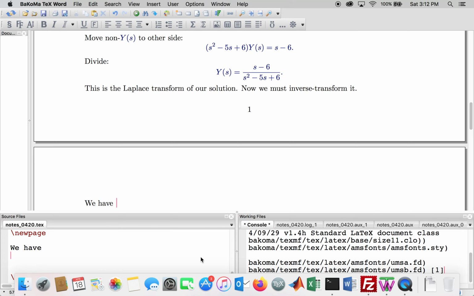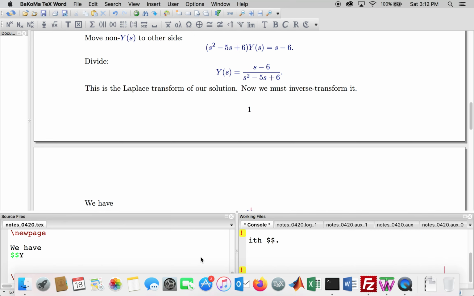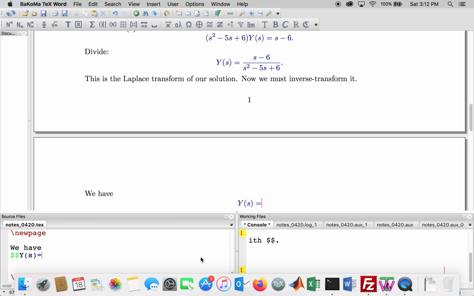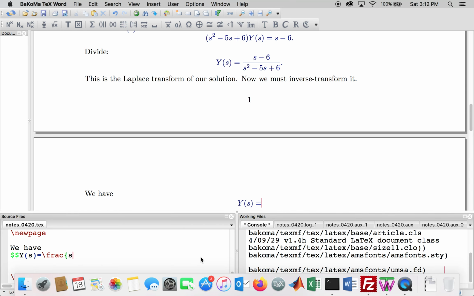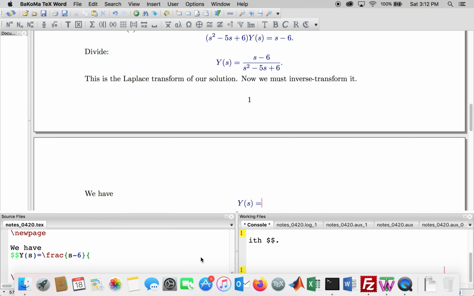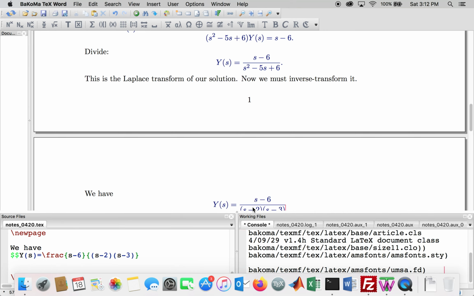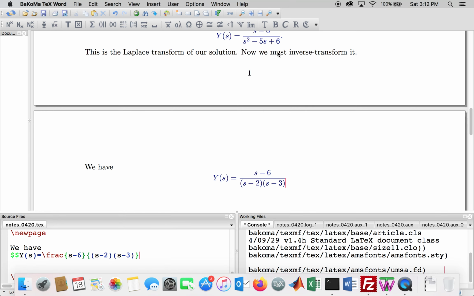In Cal 2, you did it to integrate. Here again, we want simpler expressions to work with. So if I go ahead and factor the denominator, that would be s minus 6 over s minus 2 times s minus 3. So those are factors of s squared minus 5s plus 6.